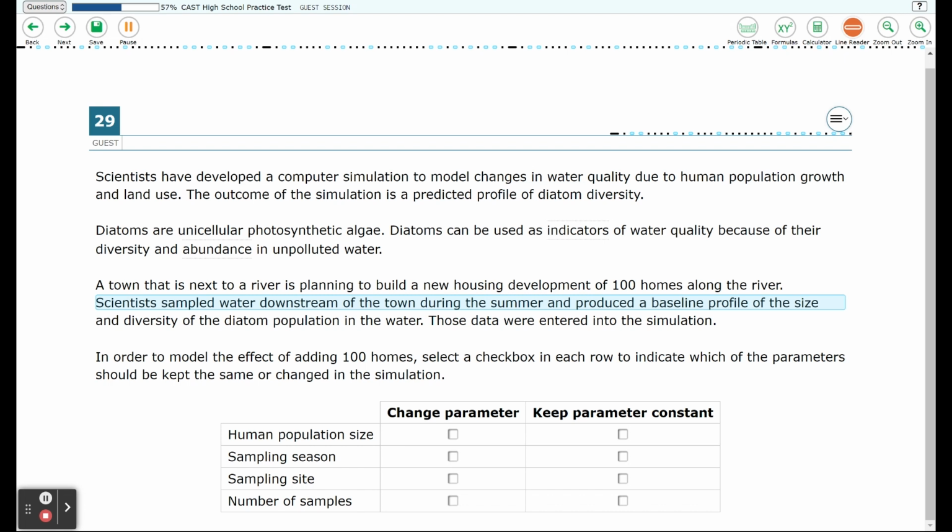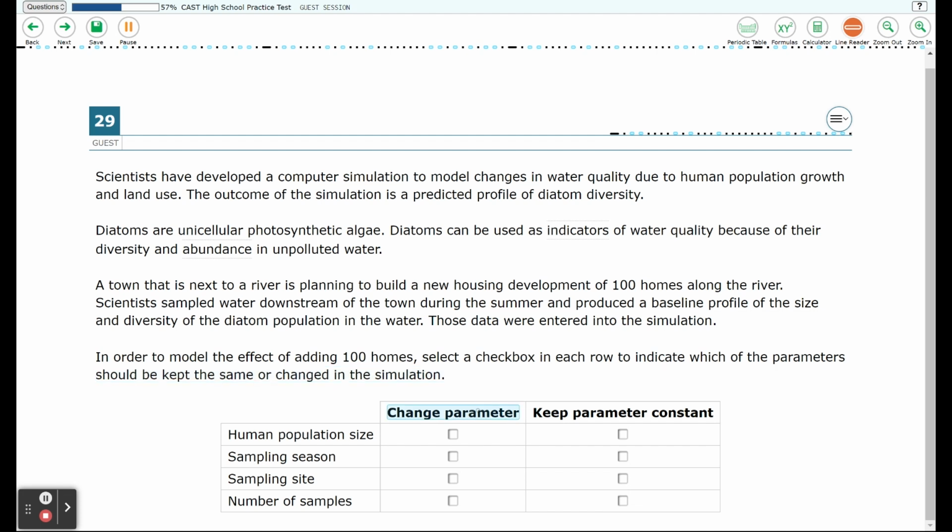Scientists sampled water downstream of the town during the summer and produced a baseline profile of the size and diversity of the diatom population in the water. Those data were entered into the simulation. In order to model the effect of adding 100 homes, select a checkbox in each row to indicate which of the parameters should be kept the same or changed in the simulation.